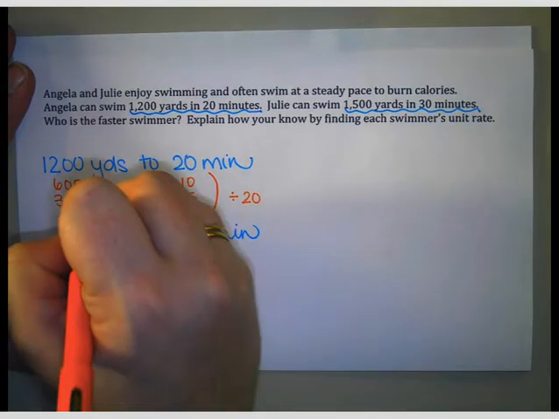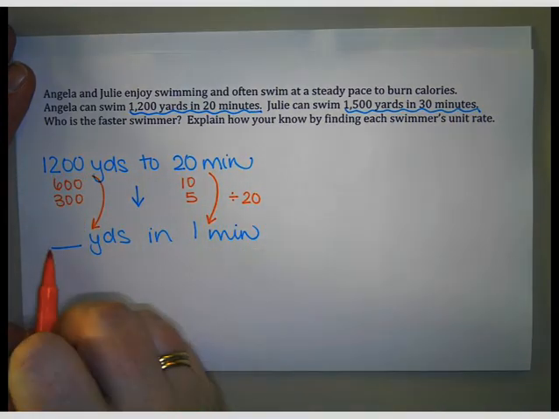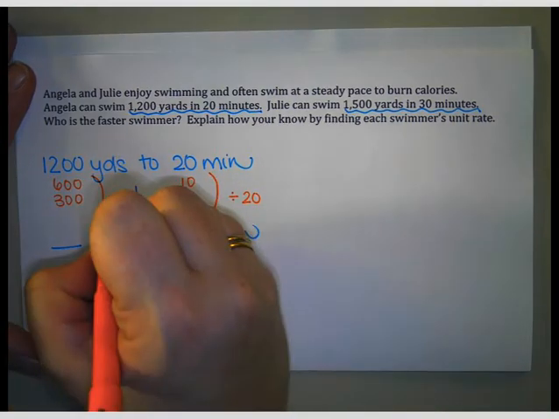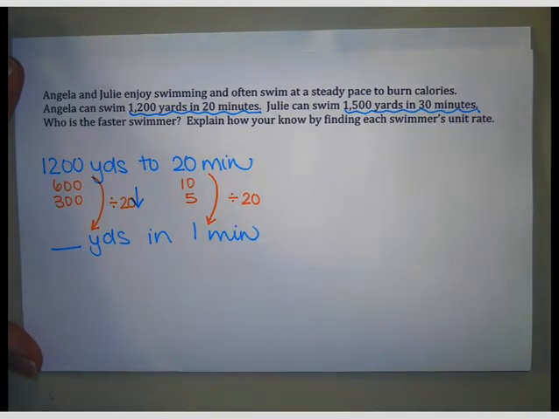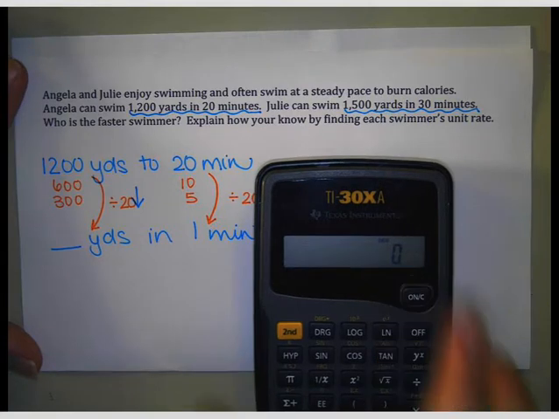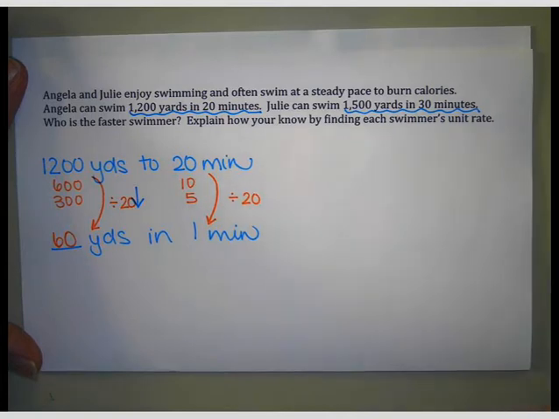So to get from 1,200 yards to my blank number of yards, I can also divide by 20. If you can't do that in your head, you're always more than welcome to grab a calculator. 1,200 divided by 20 tells us that she can swim 60 yards in 1 minute.